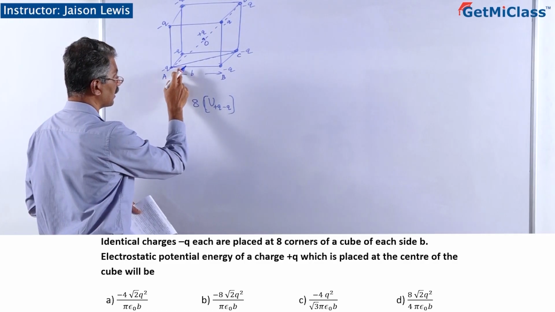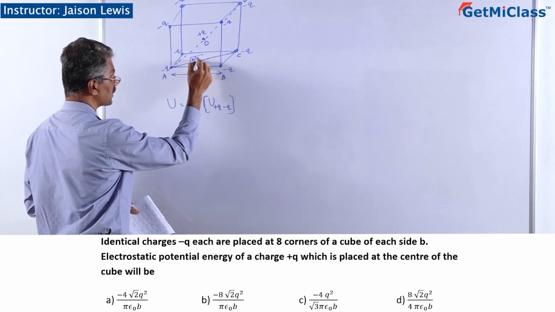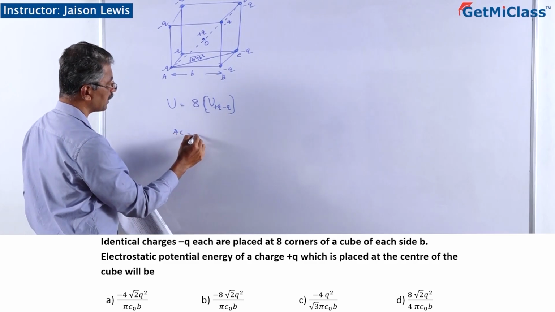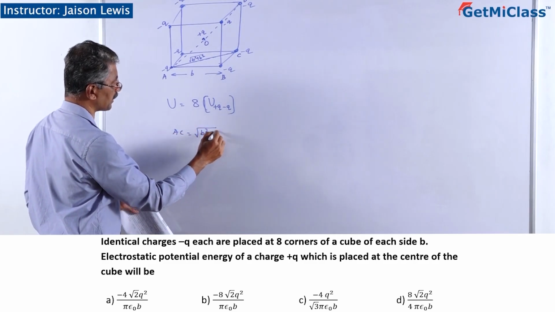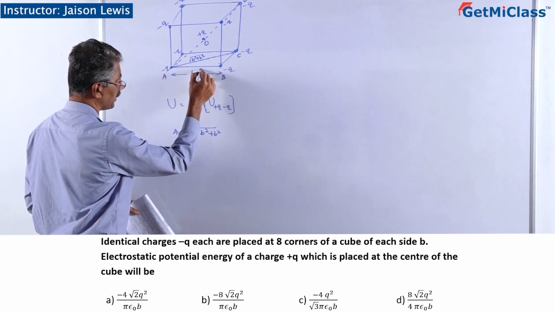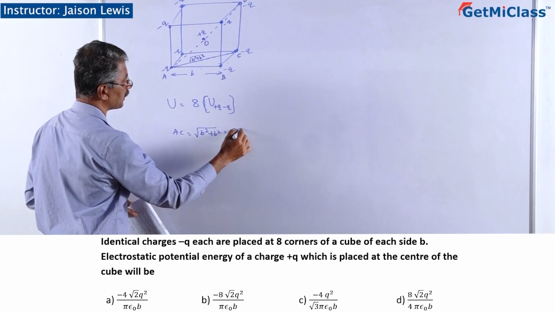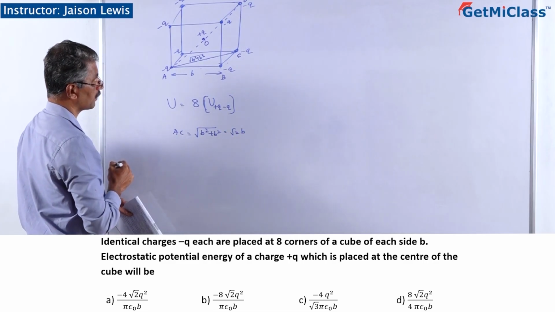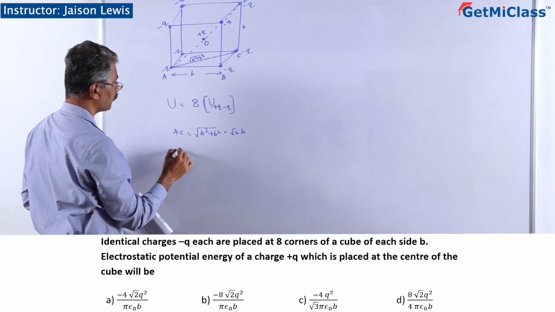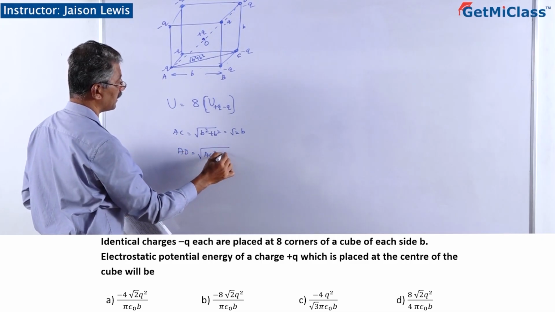So AC is the square root of B square plus B square. The reason is simple: AB is equal to B, BC is equal to B, therefore the square root of B square plus B square gives AC, by the Pythagoras theorem. Therefore AC is root 2 times B. CD is equal to B. Therefore AD can be written as the square root of AC square plus DC square.